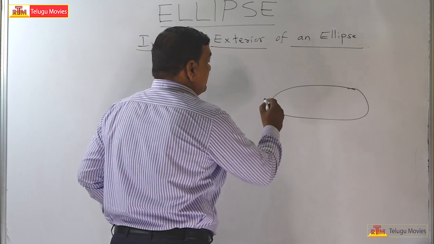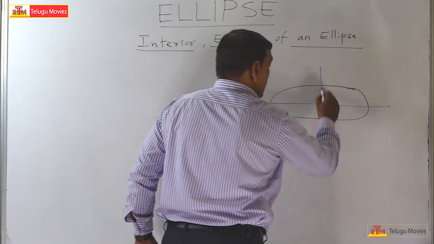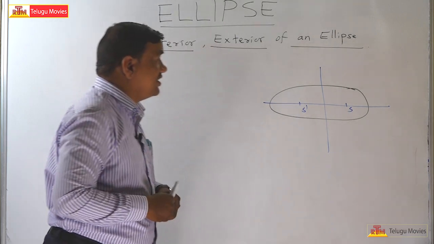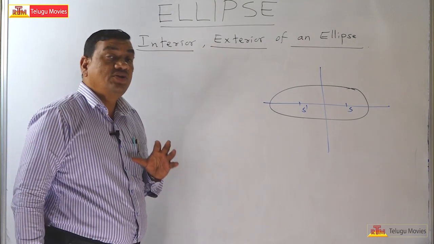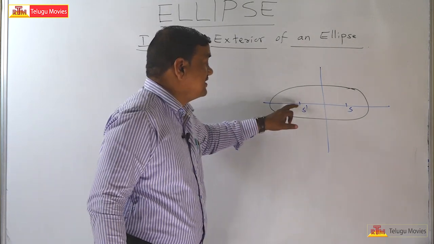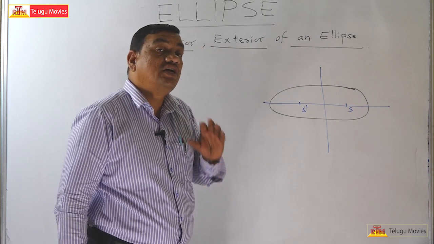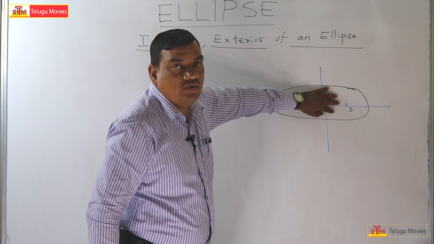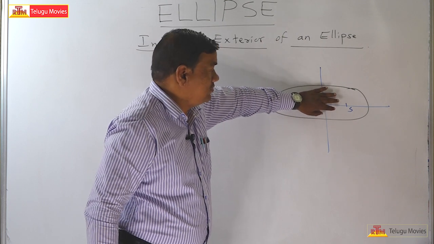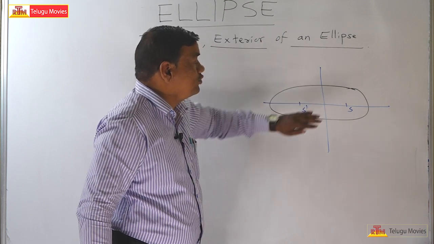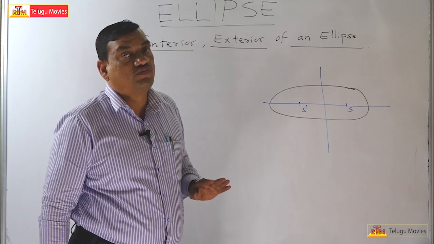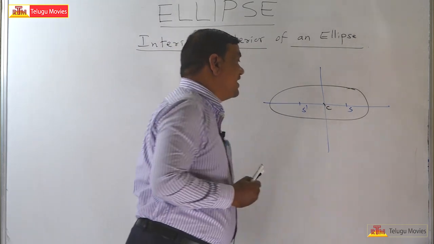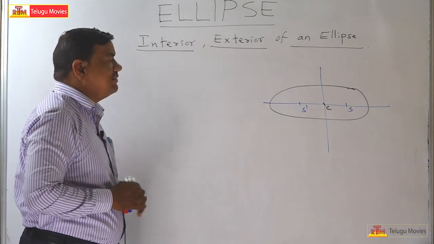Let us take this as the foci S and S dash. Coming to the definition, the region in which the foci S and S dash lie is called the interior of the ellipse. Just like the center, wherever the center lies, that is called the interior of the ellipse.